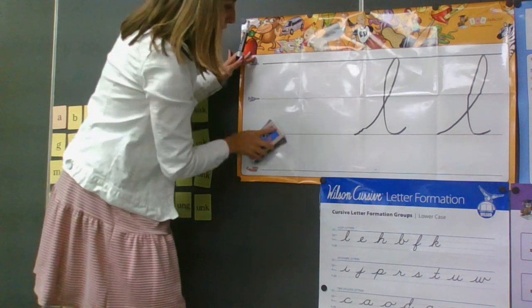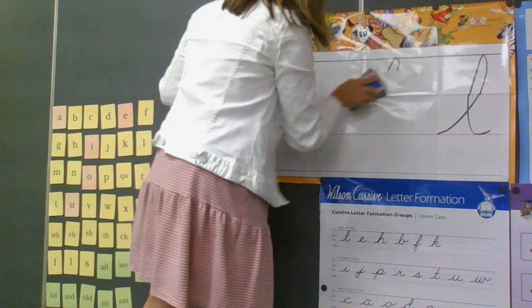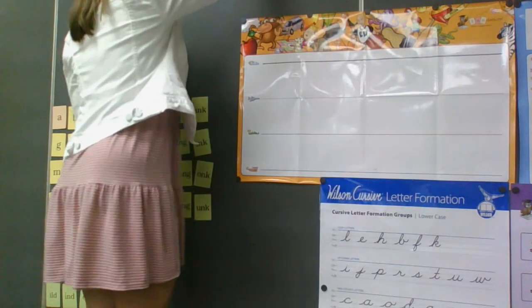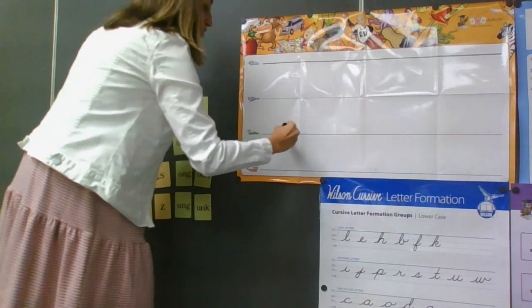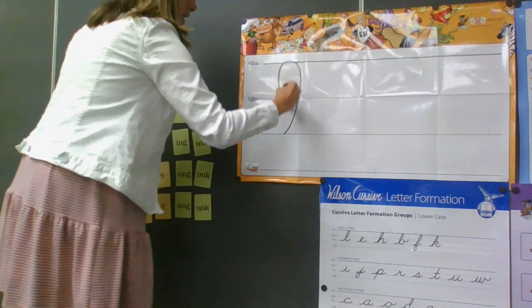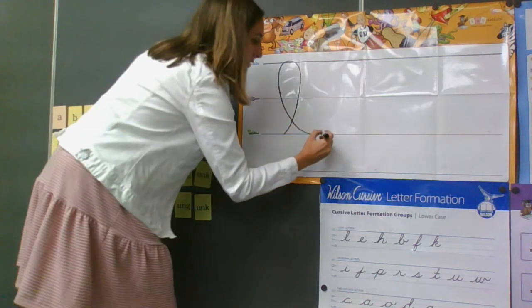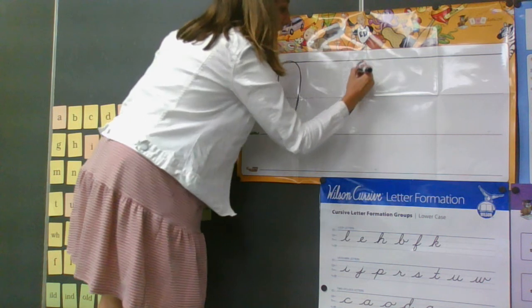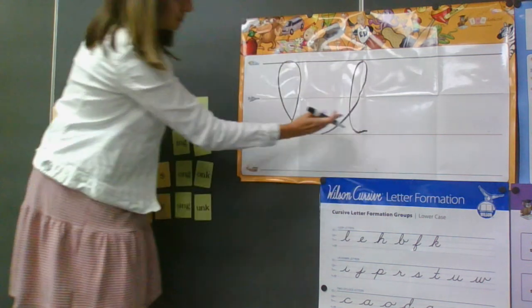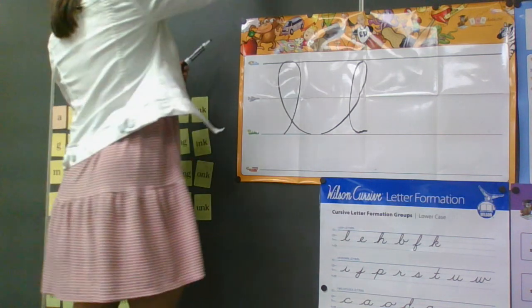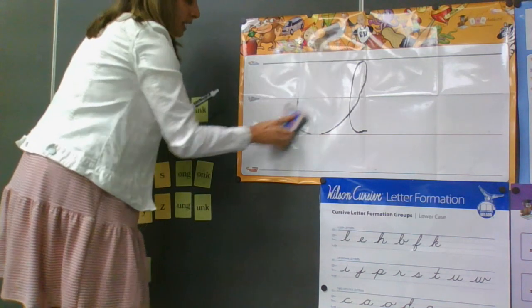So I want to show you what some boys and girls in class today did that we tried to work through. Some friends were going straight up and coming down. In cursive, you'll notice there is a little bit of slant. It leans a little bit. So we want to get away from the straight up and down letters.